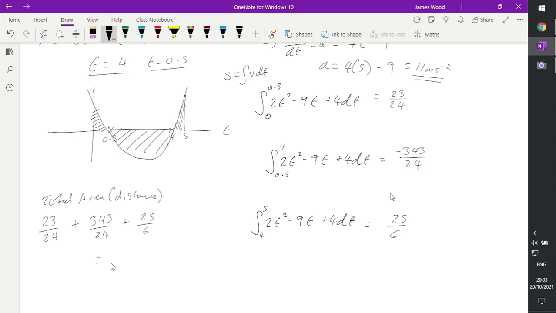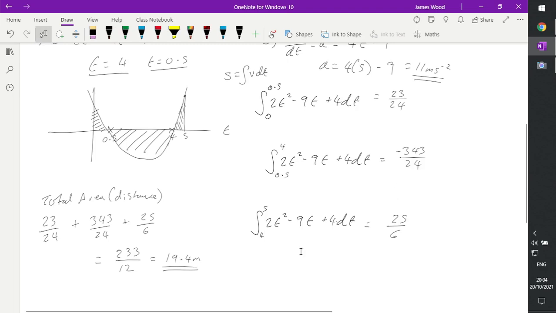And I can find the total of all of those. And that gives me 233 over 12, or as a decimal, that is 19.4 meters. That would be my final answer.